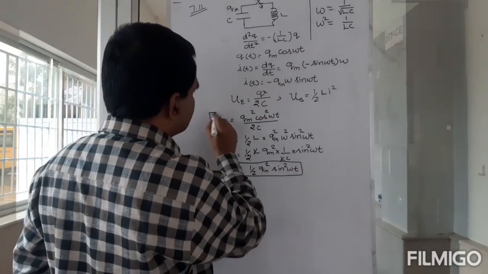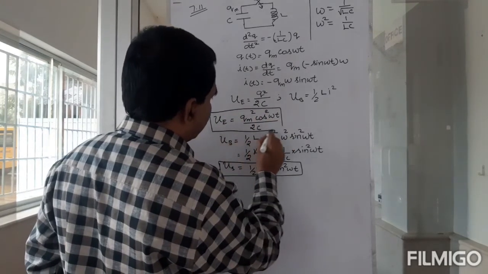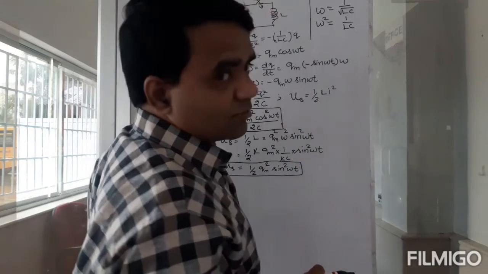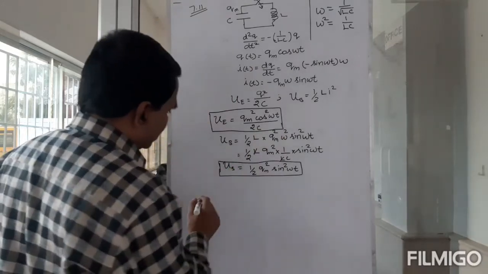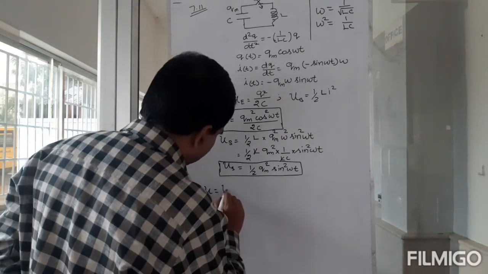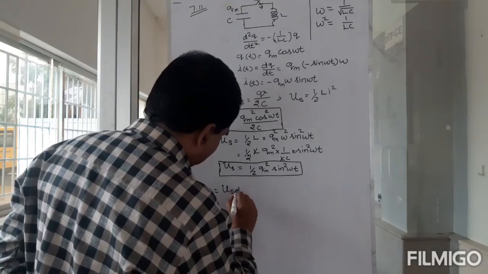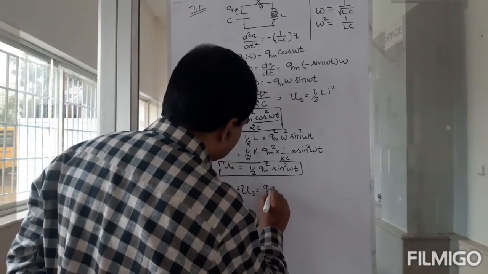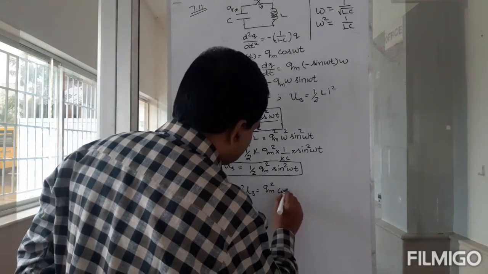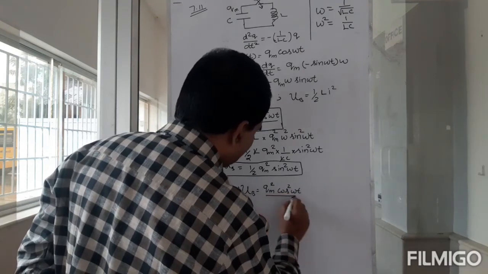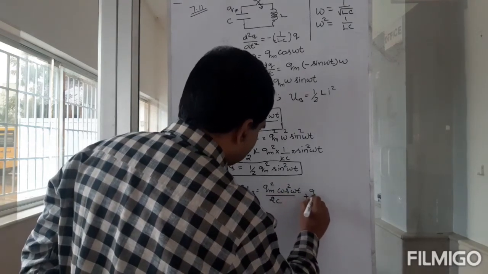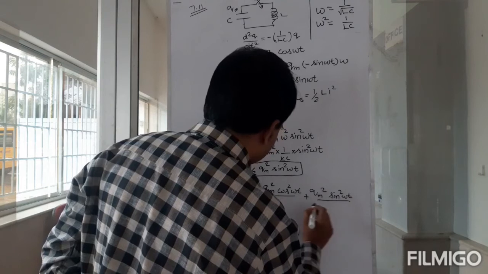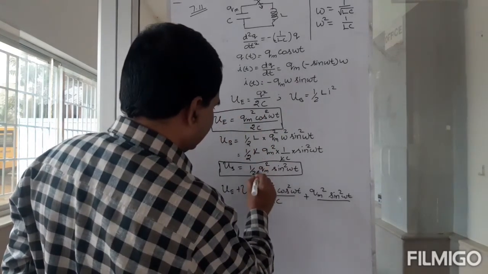So what's the total energy? The total energy will be the sum of these two. At any point in time, the total energy is the sum of this energy plus that energy. When I add these two, let's see what I'm going to get. The total energy U is equal to UE at any point in time plus UB at any point in time, and that is Qm squared cos squared omega t by 2C plus Qm squared sine squared omega t by 2C.